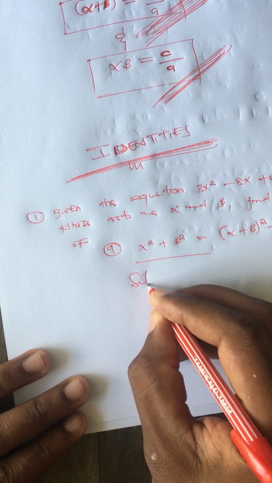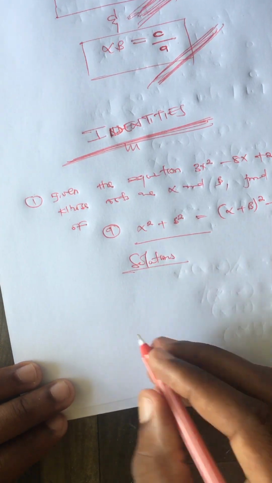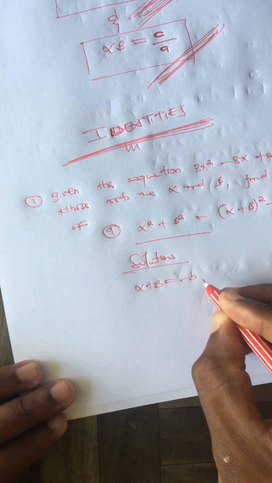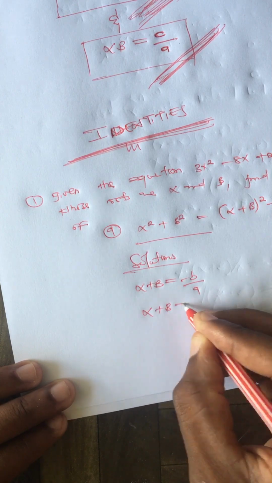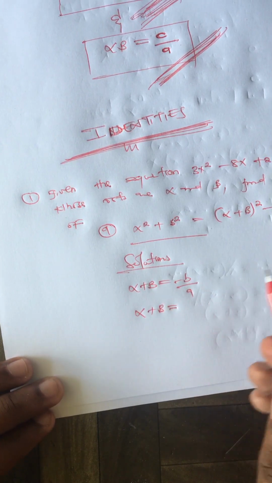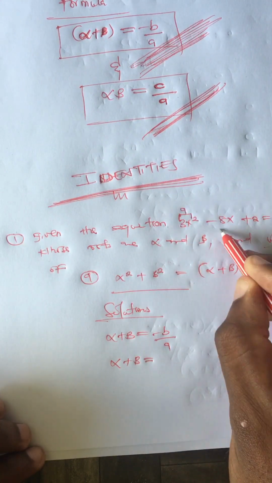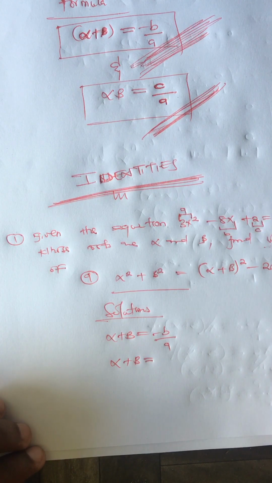So the solution: alpha plus beta is equal to negative b over a, and alpha beta is c over a. This is our a, this is our b, and this is our c.